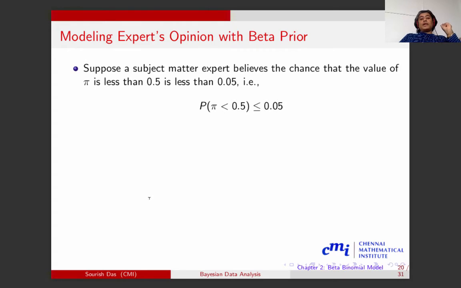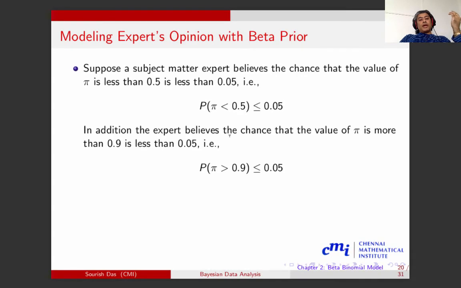Suppose a subject matter expert believes the chance that the value of pi is less than 0.5 is less than 0.05. That means, with respect to the application we are discussing, there may be historical evidence, perhaps a published paper, which indicates that the probability of pi being less than half, less than the median, is very slim, maybe less than 5%.